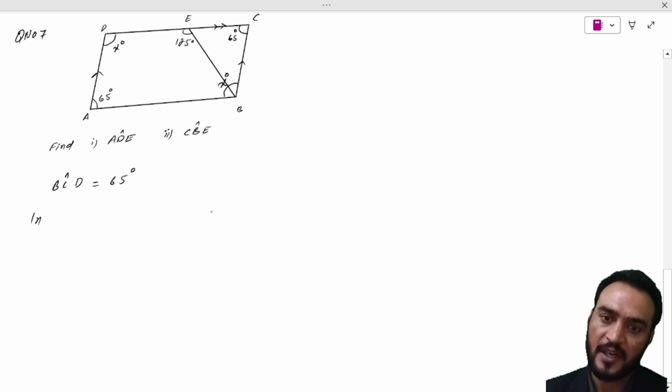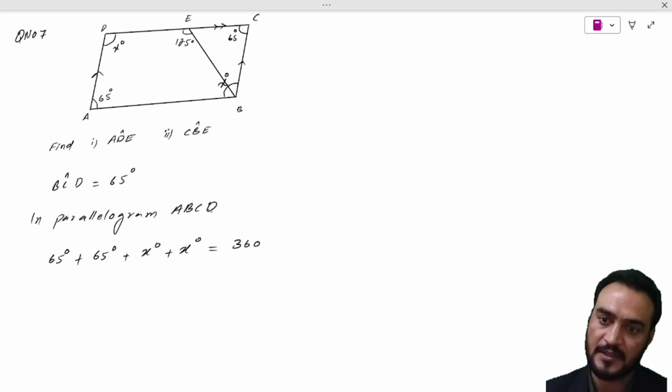So in parallelogram ABCD, the sum of interior angles, one is 65 degrees, the other one at point C is also 65 degrees, angle at point D is x degrees, and angle at point B is also equal to x degrees. We put the sum of these four angles equal to 360 degrees.